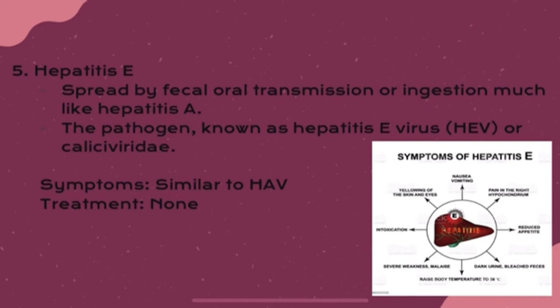Most people with hepatitis E get better within a few months, and it usually doesn't lead to long-term illness or liver damage like some other forms of hepatitis do. Symptoms: similar to HAV, but pregnant women may have high mortality. Treatment: none.